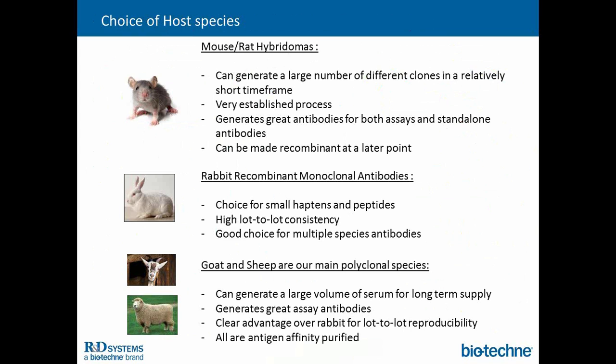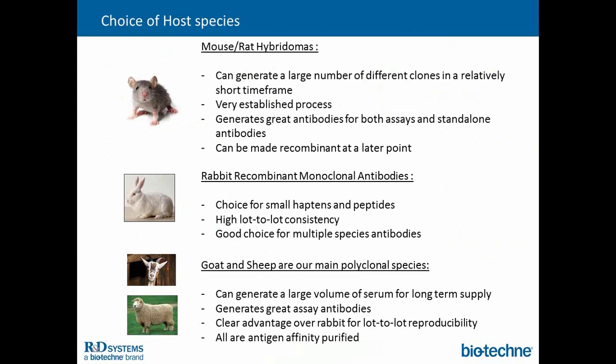Those have been described in the literature, obviously, to be a better choice for small haptens and peptides. Rabbits also don't have the complication of many isotypes like a mouse or rat. So rabbit is definitely a good animal to work with. Since we went to recombinant monoclonals for the rabbits, that will give you a high lot-to-lot consistency.